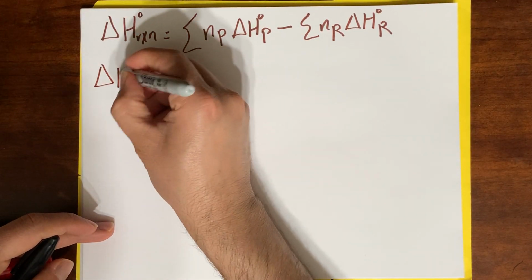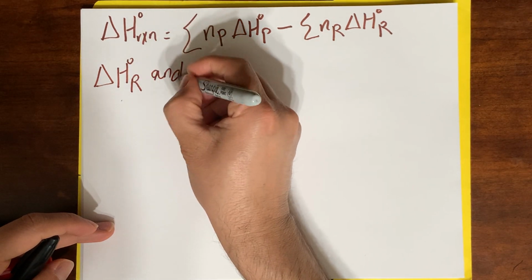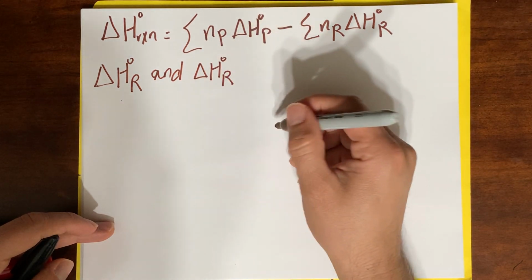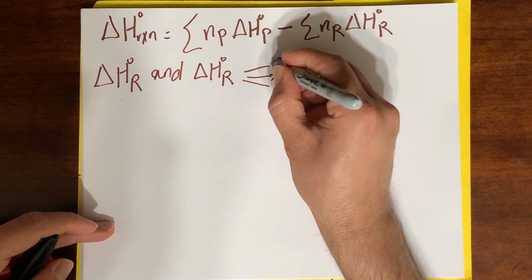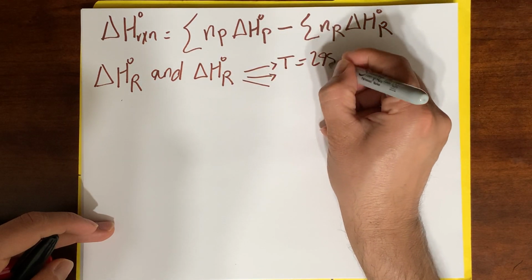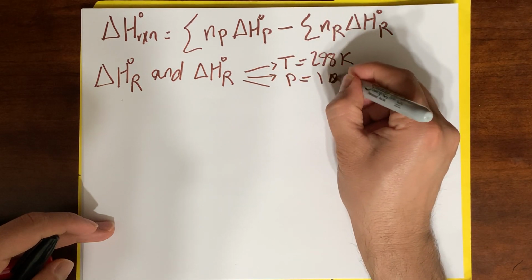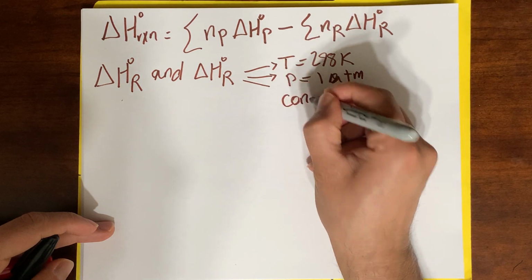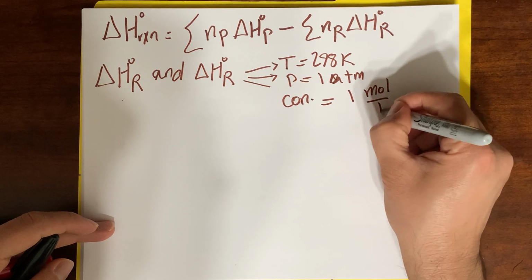Where can I find delta H of the reactant and of the product under standard condition? You need to have this. The temperature should be 298 Kelvin, the pressure 1 atmosphere, and the concentration must be 1 mole per liter.